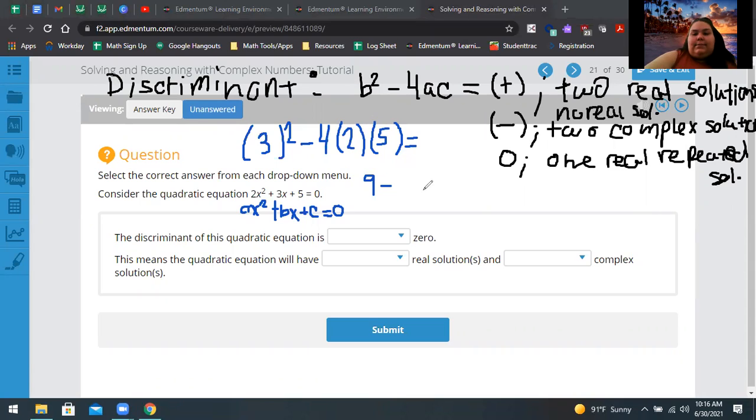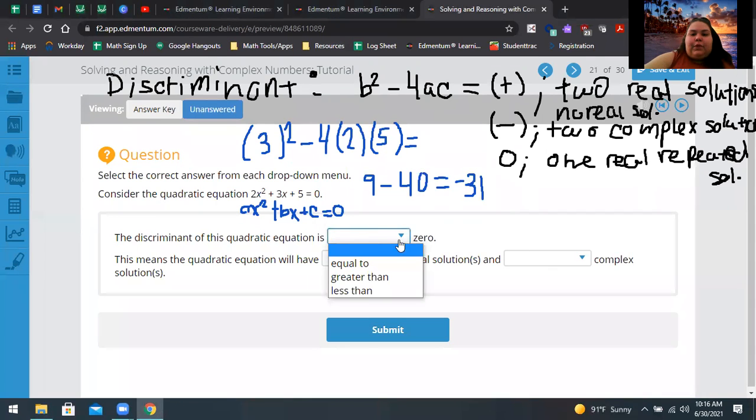Negative 8 times 5 is negative 40. And then if we do 9 minus 40, that is negative 31. So is negative 31 equal to 0, greater than 0, or less than 0?